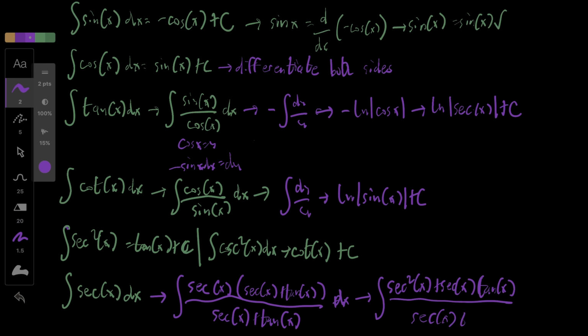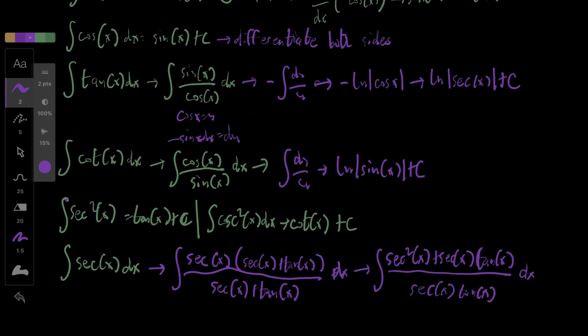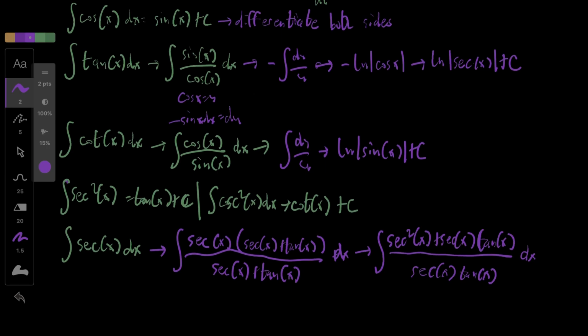And now you're like, wait, what? This looks so much more complicated than our original integral of just the secant of x dx. But as you'll see, this will simplify beautifully to a very, very nice function. So what we can do is we can say secant of x plus tangent of x is equal to u.